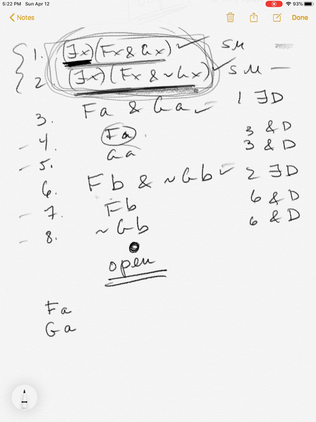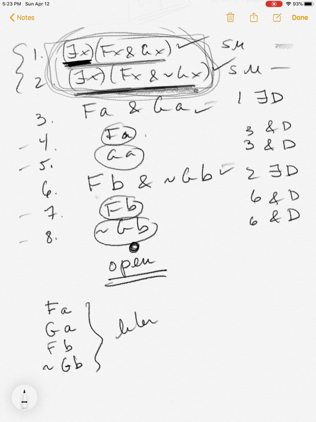The literals that I have on this open branch are FA, GA, FB, and not GB. These are the literals on the open branch.